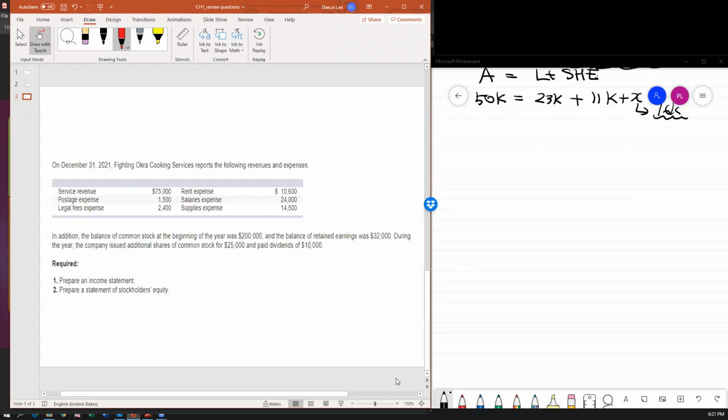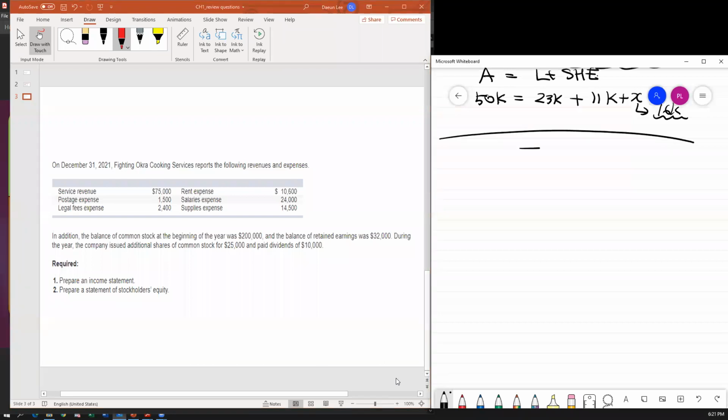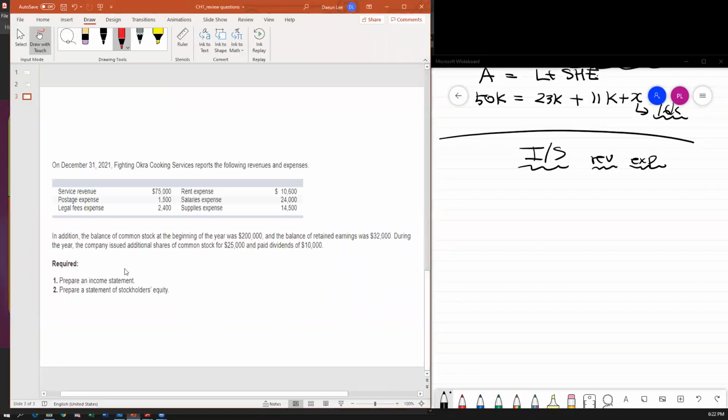Let's start by constructing an income statement for the year 2021 for this company. Like I said previously, it relates to revenues and expenses. So we have revenue, postage expense, legal fees expense, rent expense, salaries expense, and supplies expense.